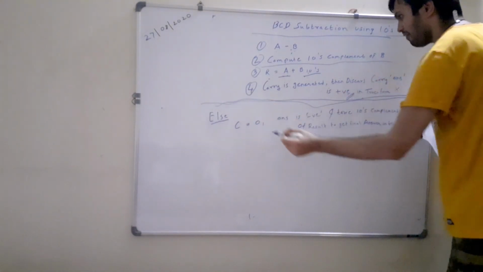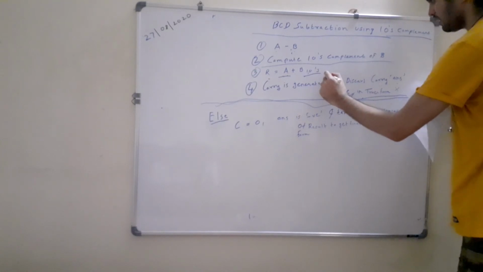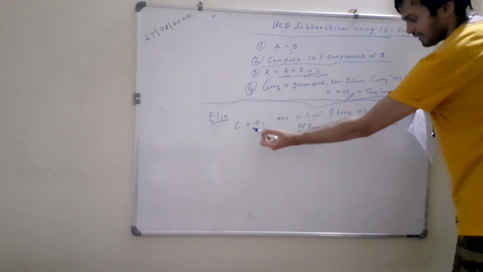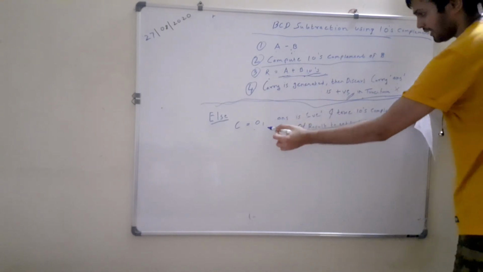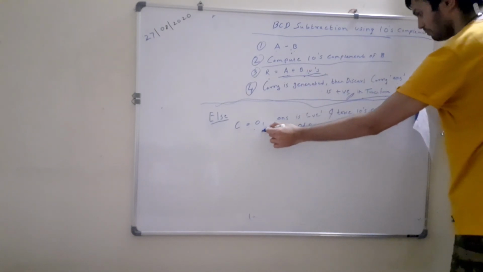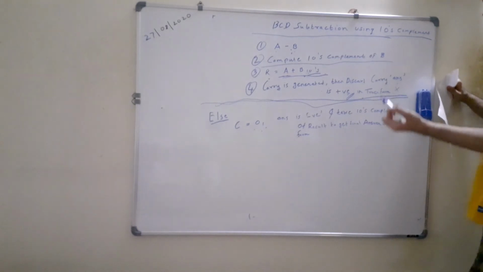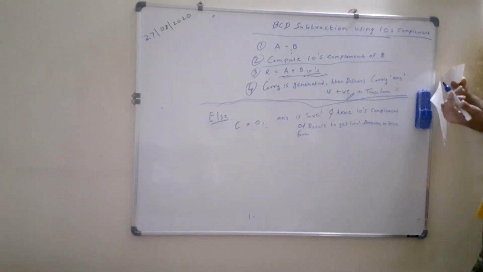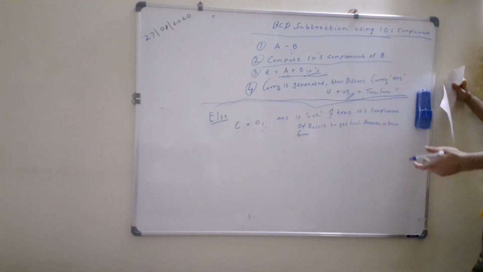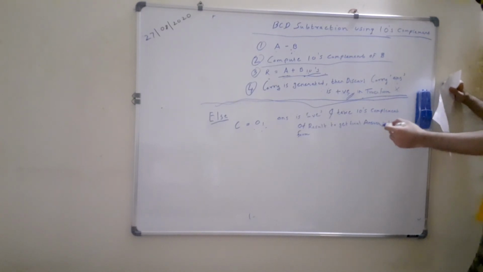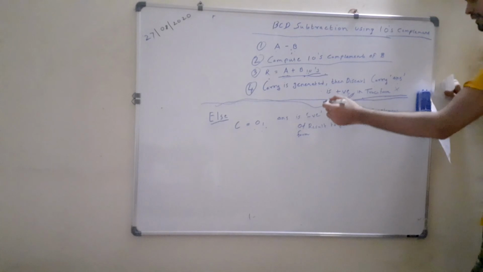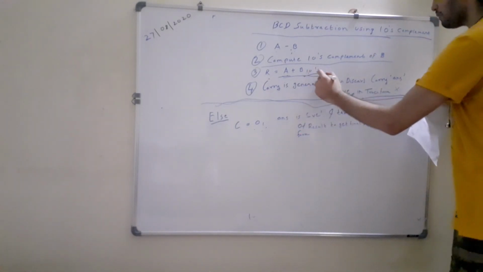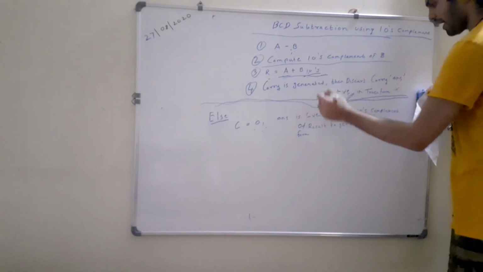But if this result doesn't generate any carry, that is the else case, that is when carry is 0, then we say that the answer is negative, but in tens complement form. So how will you get the final answer in true form or actual form? We will simply take the tens complement of the result obtained from A plus tens complement of B, when no carry is generated.